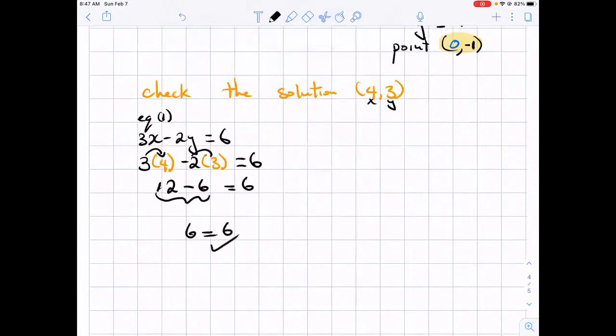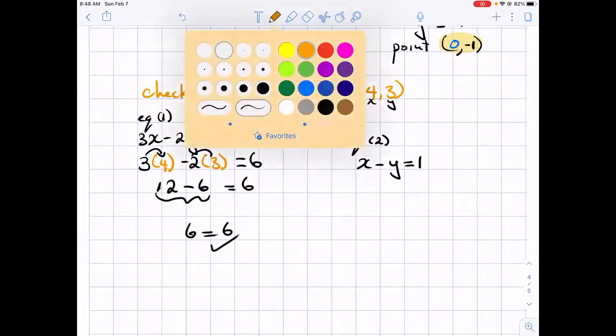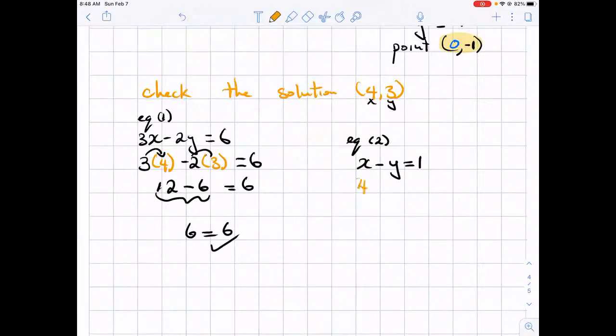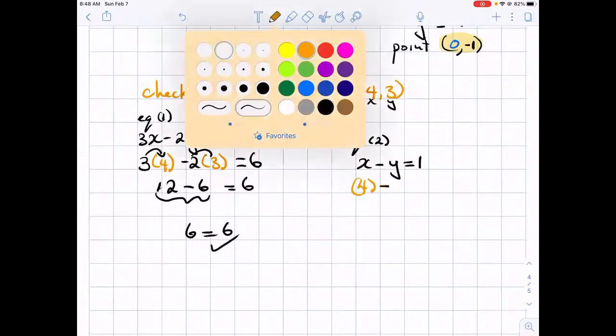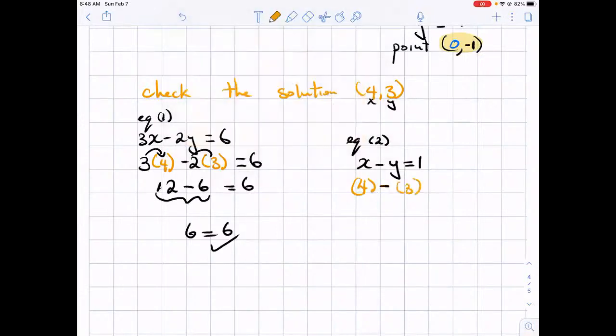so that checks. Now remember I said it has to check both equations. So let's check equation 2. And equation 2, if you recall, is x minus y equals 1. So instead of x, I'm going to write 4, and instead of y, I'm going to write 3.